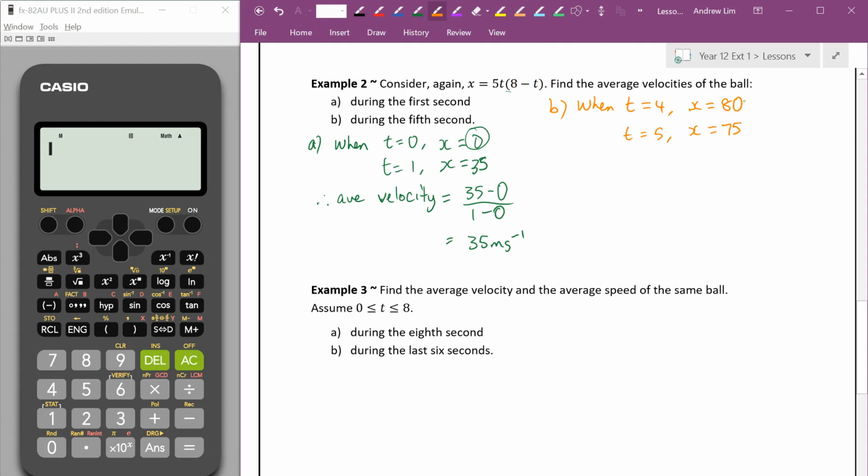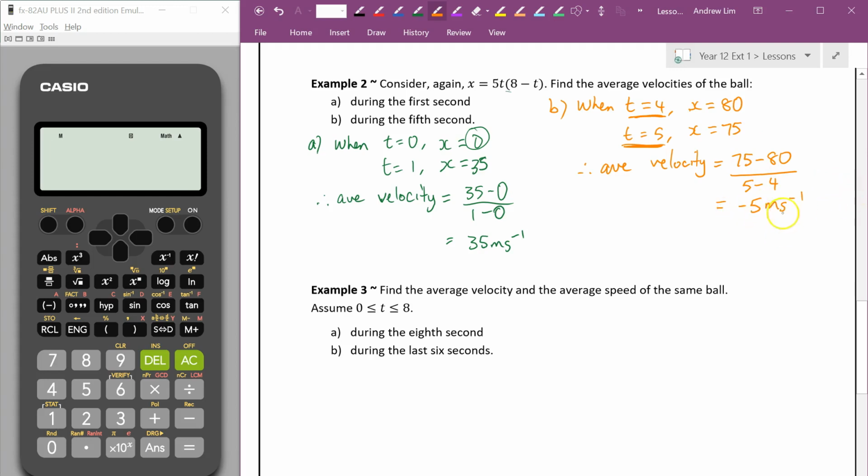So therefore the average velocity: we're going to take the last one, because 5 occurs after 4. So 75 minus 80 over 5 minus 4. That's going to give us minus 5 over 1, which is just minus 5 meters per second.